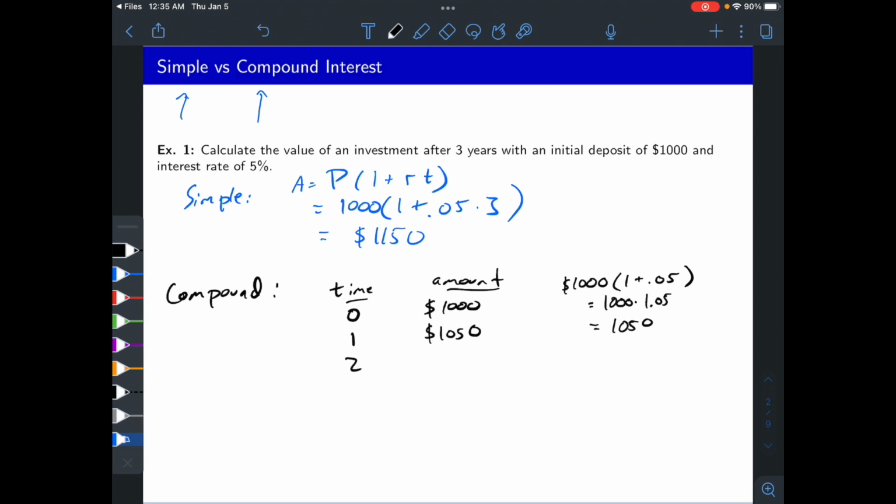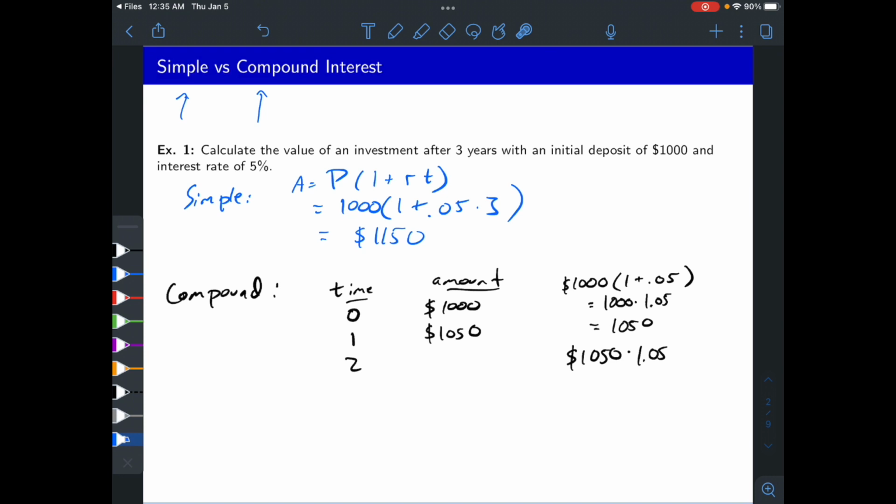Well, what would it be after 2 years? After 2 years, we take our previous amount, 1,050, and again multiply by 1.05, because multiplying by 1.05 just increases whatever this value is by 5%, right? Just repeating myself.